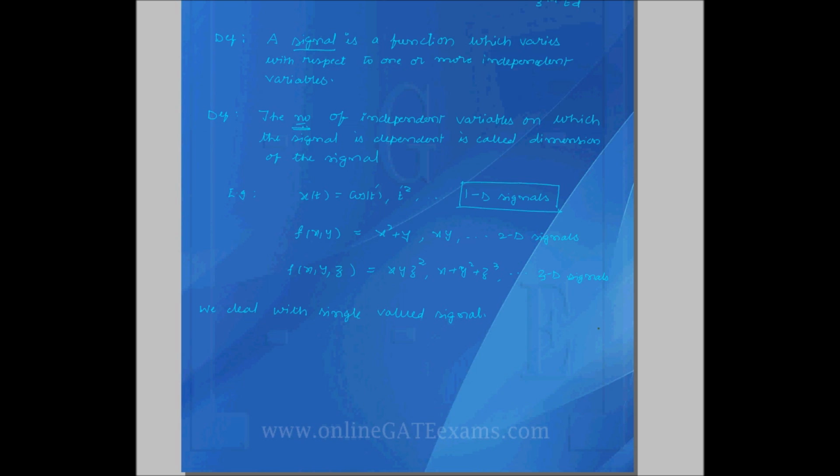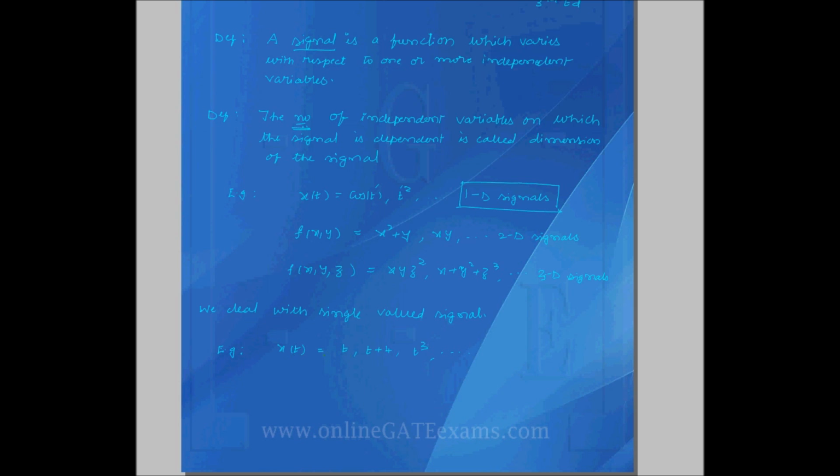So the amplitude of signal can take only one particular value at any given instant of time. So for example, x of t equal to t, t plus 4, t cube, and all these fellows are examples of single value signals. Okay, so at any given instant of time it can take only one value.